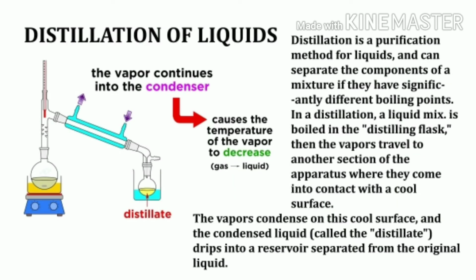Now let us move on to the next topic, distillation of liquids. Distillation is a purification method for liquids and can separate the components of a mixture if they have significantly different boiling points. In a distillation process, a liquid mixture is boiled in the distillation flask as shown in the figure.